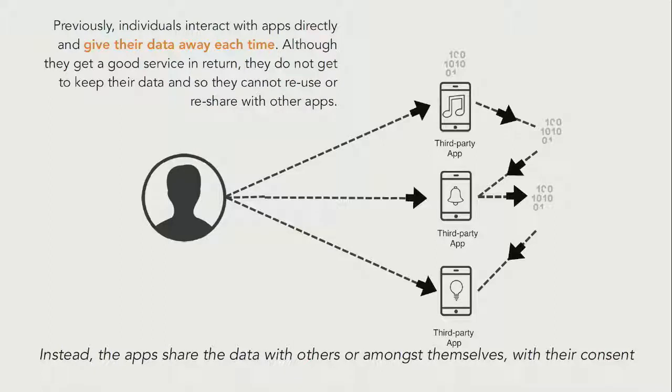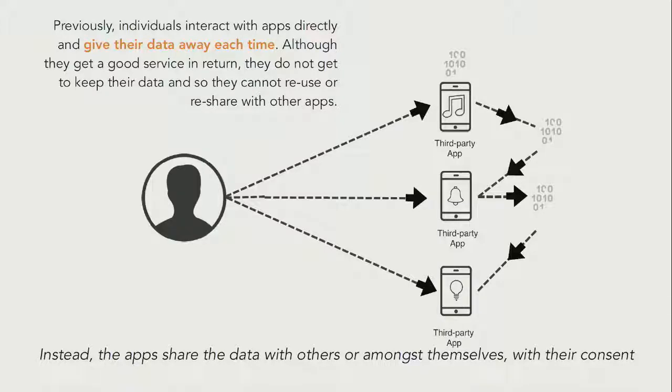Previously, individuals can only interact with applications directly, and they give away the data every time. In return, they get a service, a social network or email service, which is used for free, but it's actually being paid for by your data. Although you get this service, you do not get to have a copy of your data.